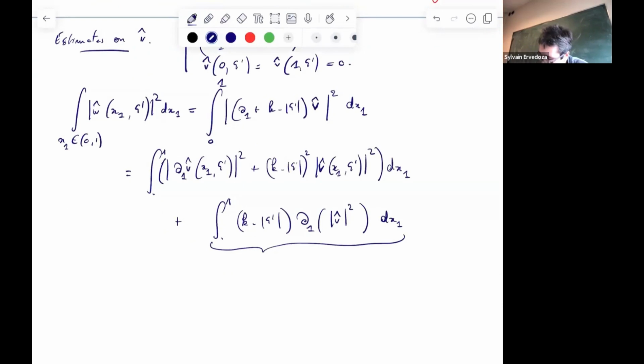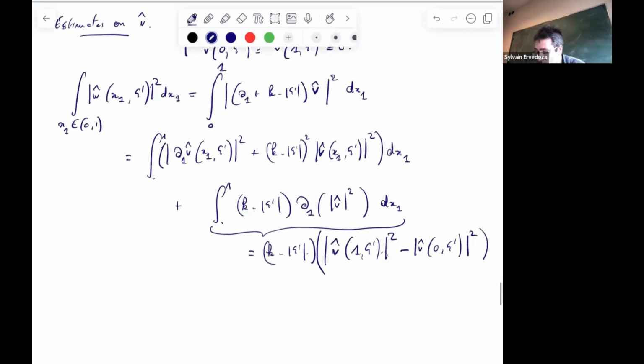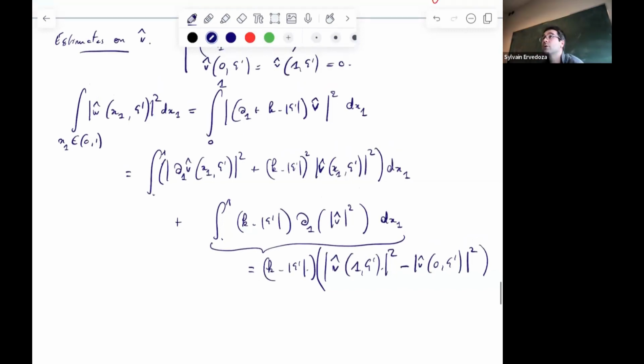And this is, of course, k minus psi prime of v hat of 1 psi prime squared minus v hat of 0 psi prime. And with the above conditions on v hat at 0 and v hat at 1, this is 0. This one is 0, this one is 0.